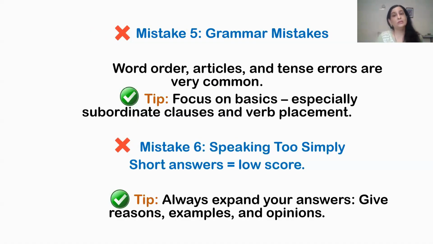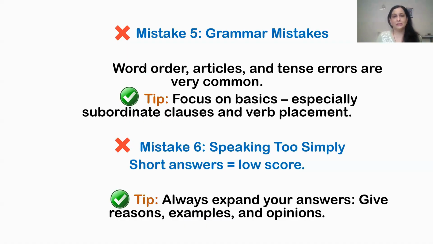So the tip is focus on basics, especially subordinate clauses. Sometimes in a sentence, there is a main clause and a subordinate clause. In the main clause, the verb will come at the second position, and in the subordinate clause, the verb will go at the end. So you have to understand this.